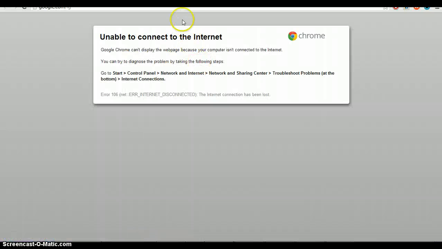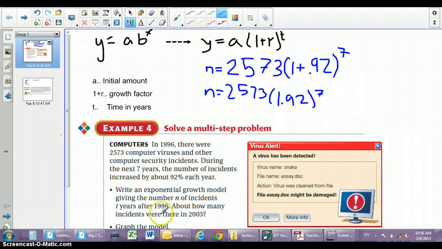So now let's open up a calculator. Oh yeah, my computer does not have internet, so there's no way for me to calculate this for you here. What you should do is either go on Google, look up a calculator, or punch it into your own calculator if you have one. You would punch in 1.92 to the 7th power. You always want to take care of the exponents first.